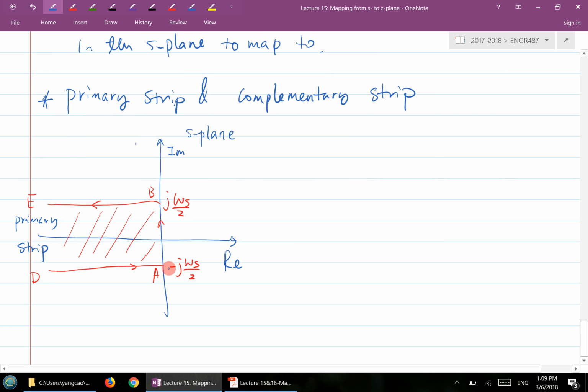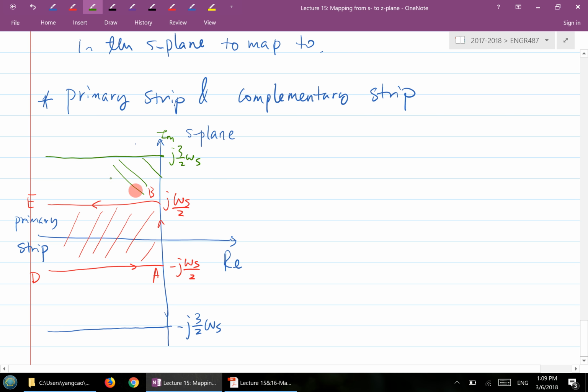Let's say if I go down here, I'm going to go down up to negative j 3 over 2 omega s. If I go up, then I'll go to j 3 over 2 omega s. So you can go up and down by an interval of another omega s.